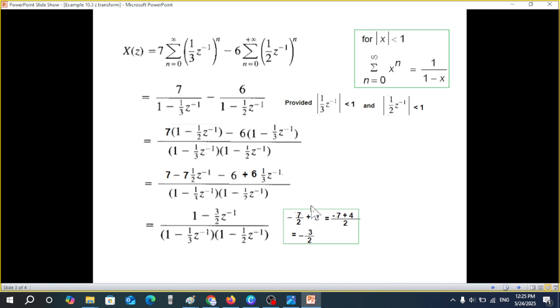Now I've separately done it for myself: 7 minus 6 will be 1, this one, and then 7 times 1/2 and 6 times 1/3, which is actually 2, so it will be minus 3 by 2.